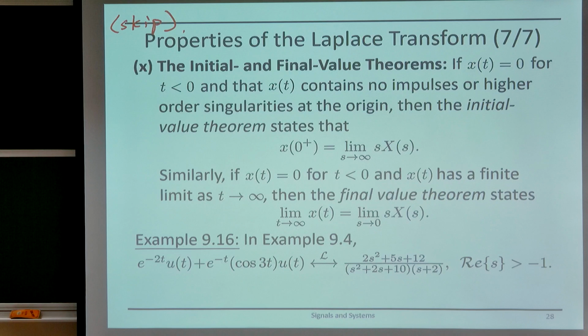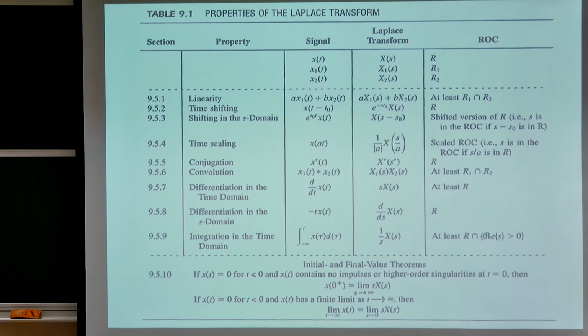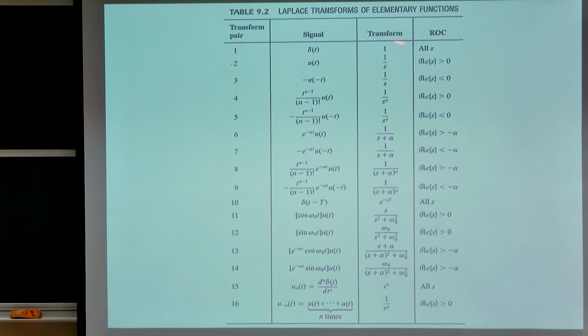So there are certainly many other properties that we could go through, but I think those that we just talked about are the most essential. Okay. So if you look in your textbook, you have a list of these properties of Laplace transforms, which are similar to what we had for Fourier transforms, and then you can have some basic elementary Laplace transform forms that you may encounter in different cases. Okay?